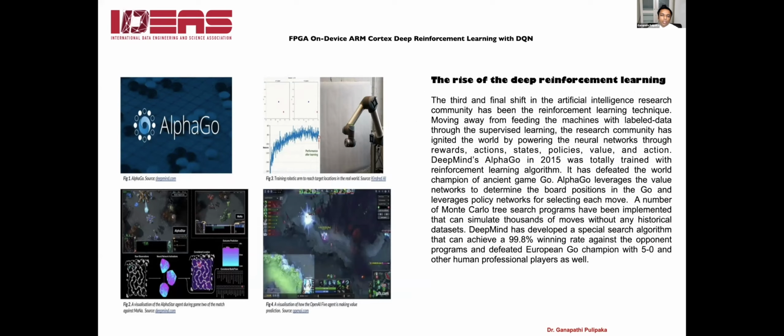And AlphaGo is a DeepMind initiative where they created a robot. Primarily, the robot can operate on an AlphaGo board and compete with an actual human being, and can win or lose. OpenAI Agent is another one.